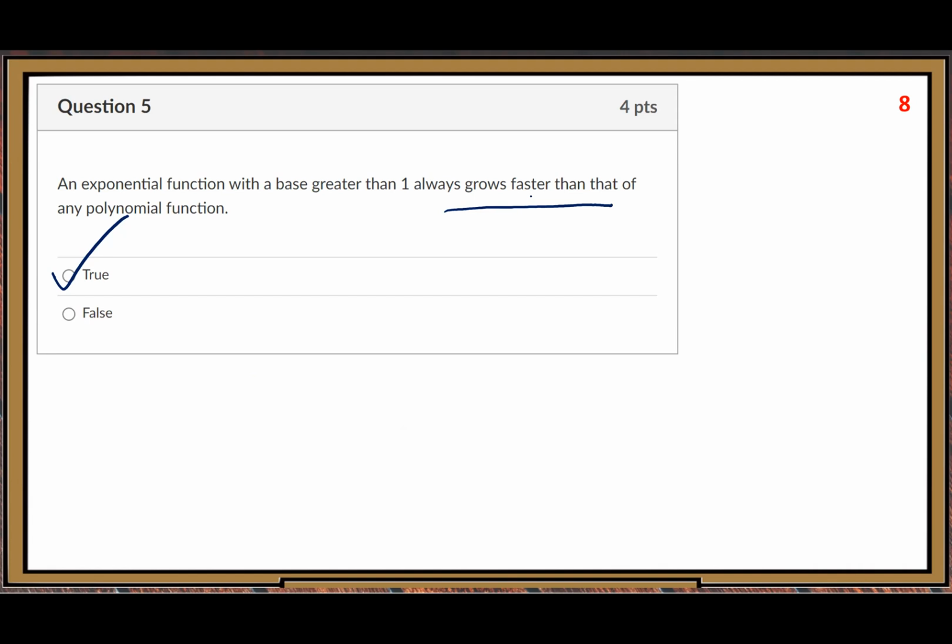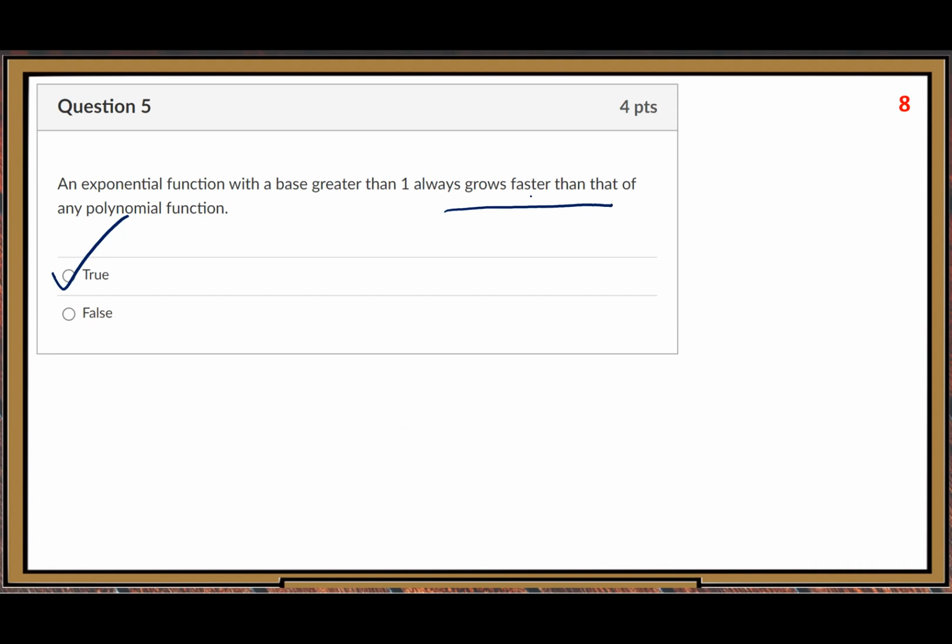So we may not worry about relatively small n numbers, because we're looking at the growing trend, the future trend.